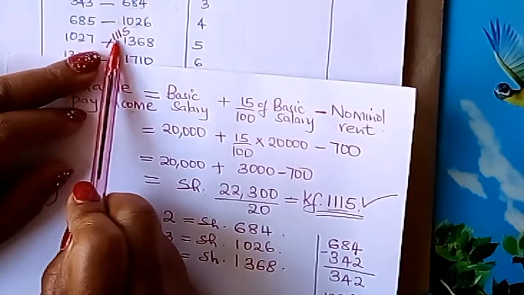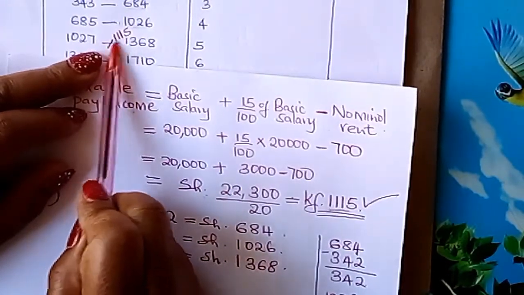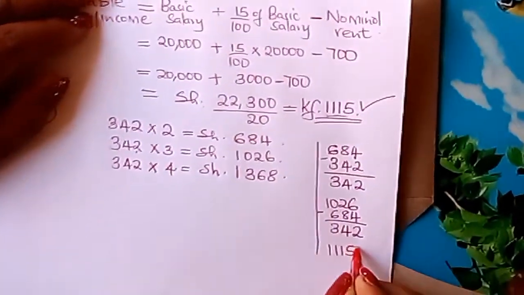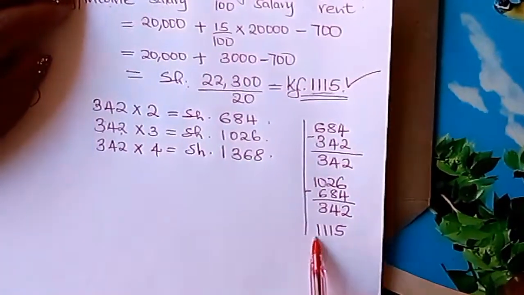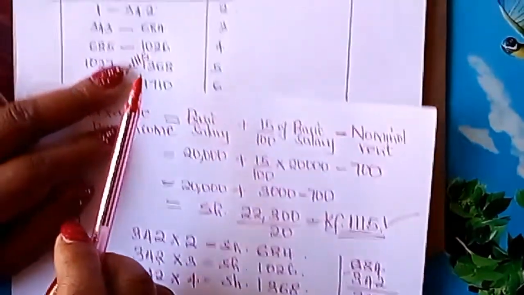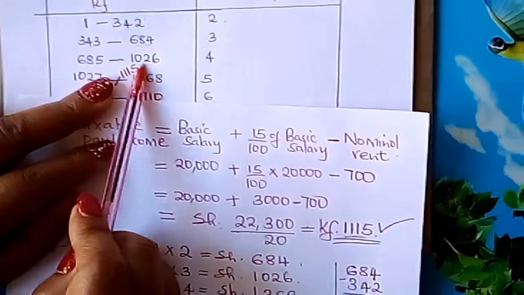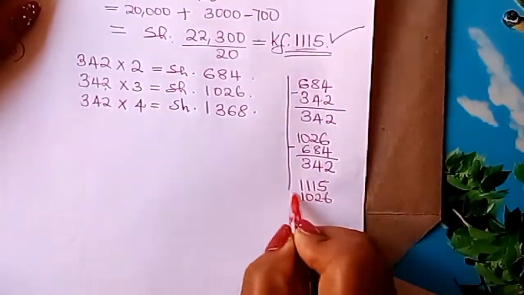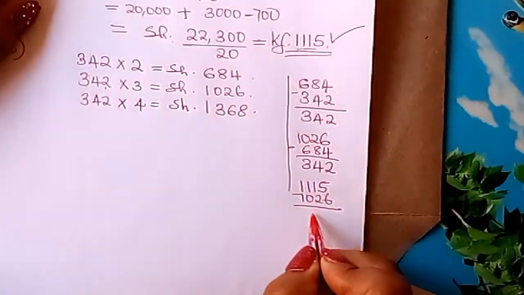Our taxable pay was going up to here, and therefore you take this 1,115, you subtract the upper number, 1,026.